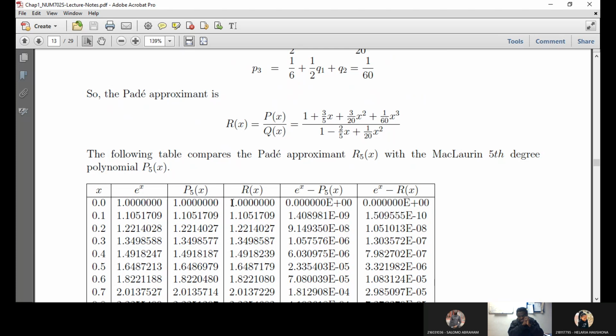And the number of multiplications will be of the order of n squared, which exactly will be n times n plus 1 over 2. That is the complexity, meaning that the number of operations is quadratic in n, in the degree.